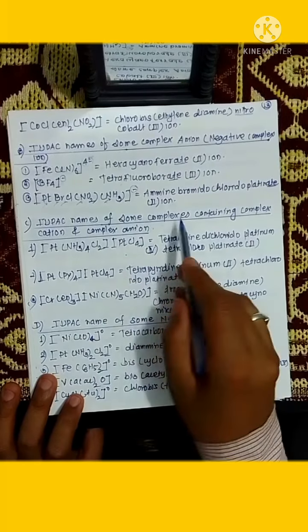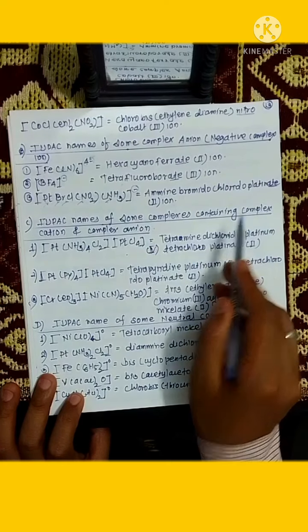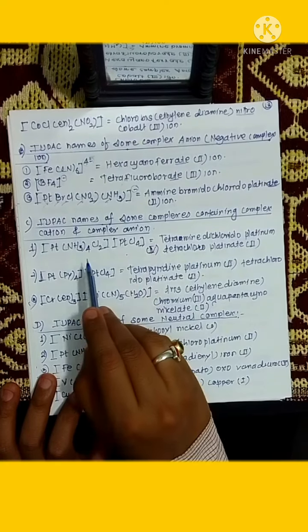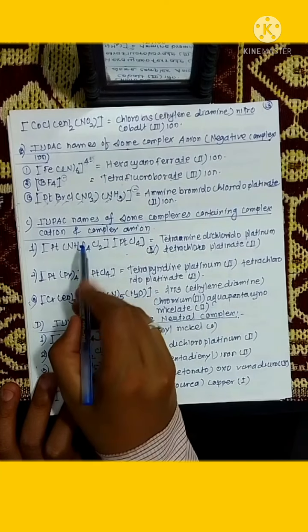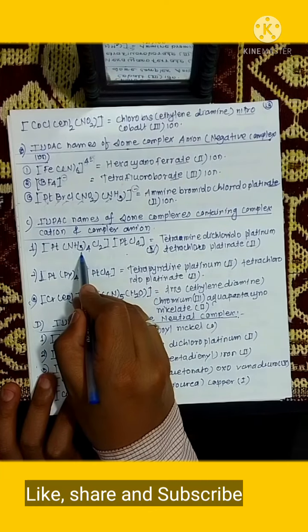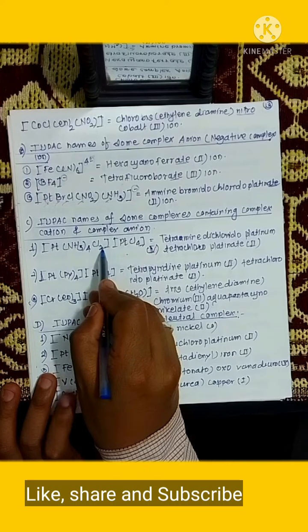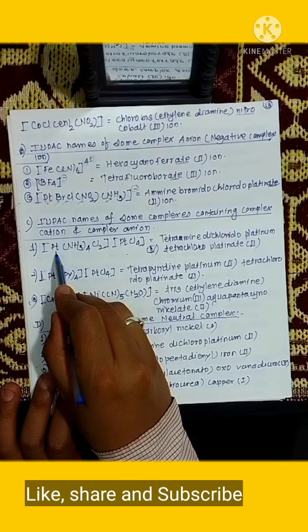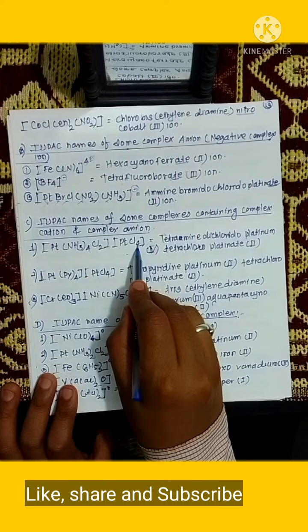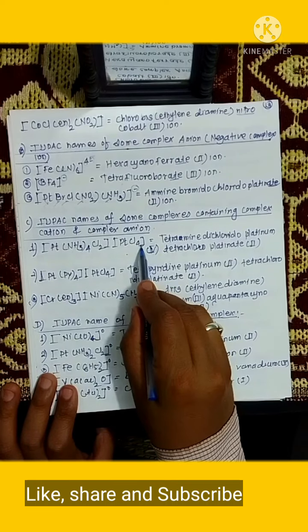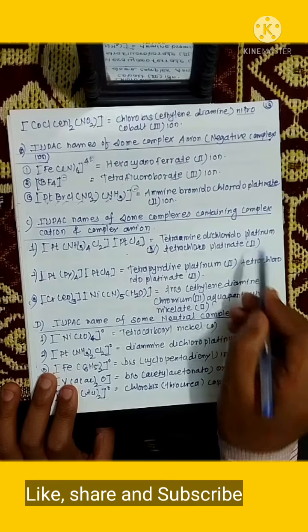Now the IUPAC names of some complexes containing both a complex cation and a complex anion. Just see here, we are going to write the name of this. It is tetraammine dichlorido platinum(IV) tetrachlorido or tetrachloro platinate(II).